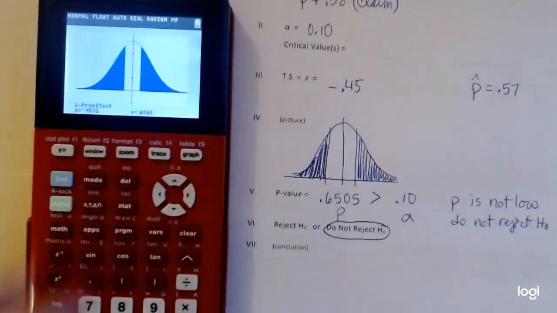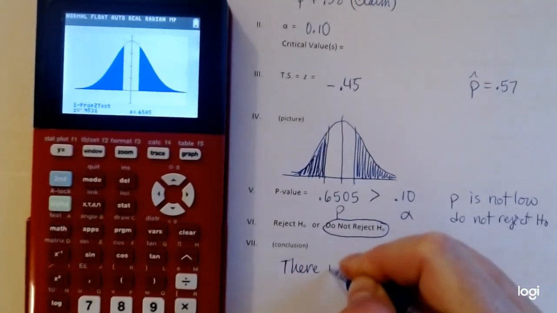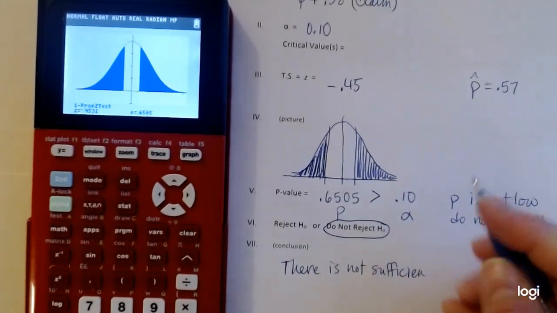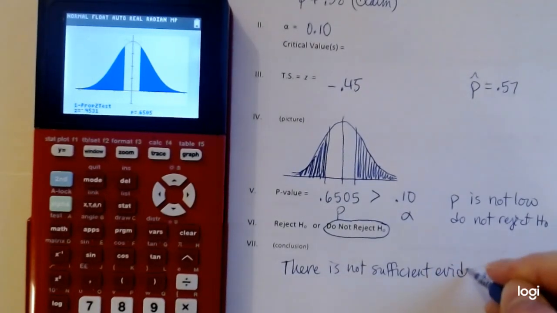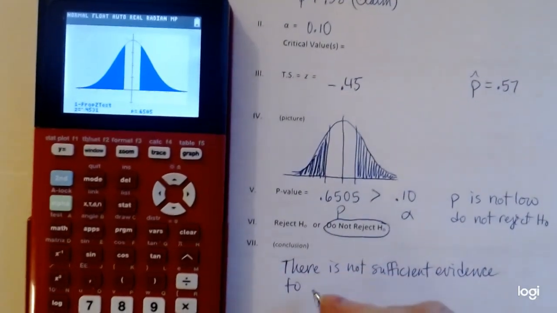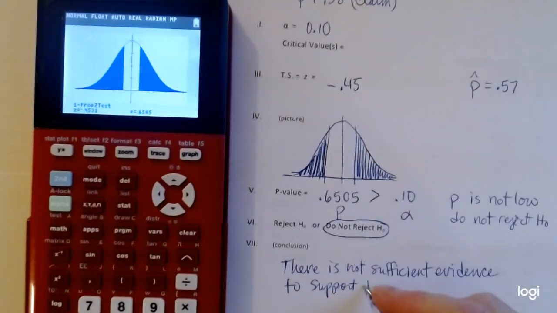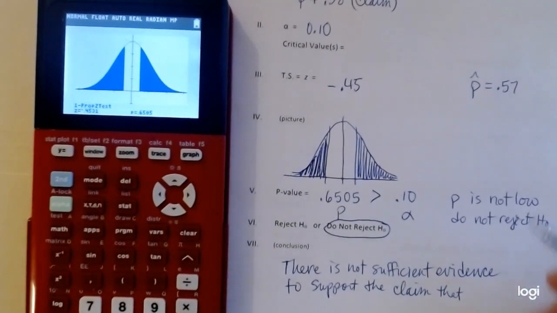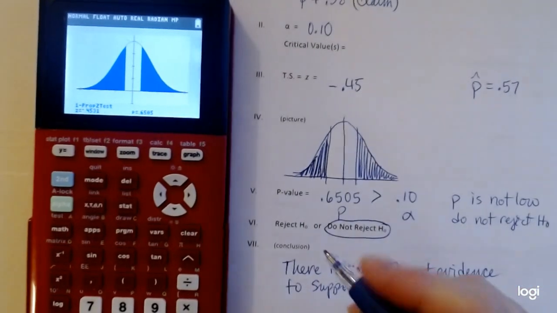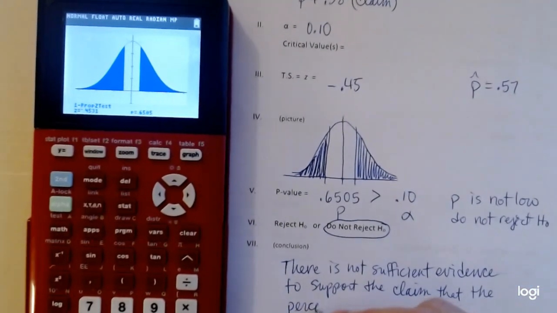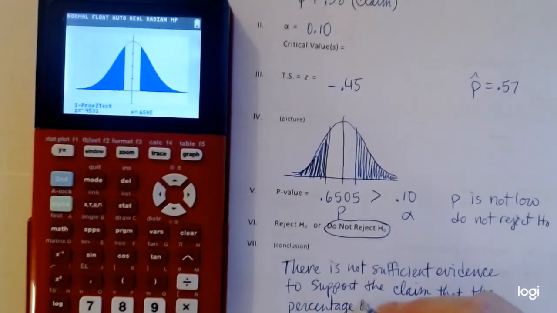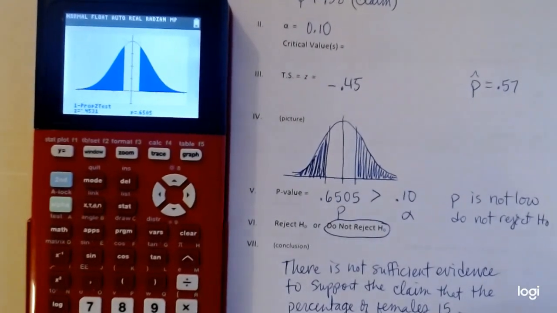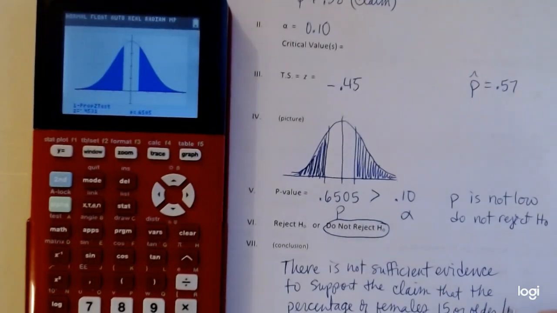So our conclusion is that there is not sufficient evidence to support the claim that the percentage of females 15 or older living alone has changed.